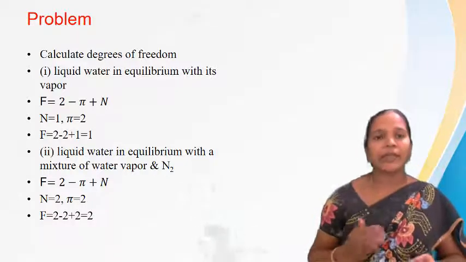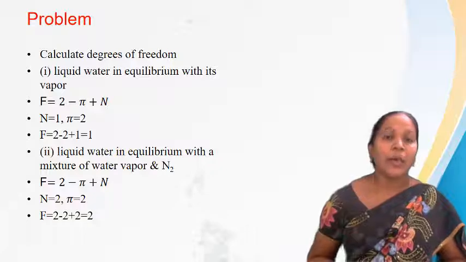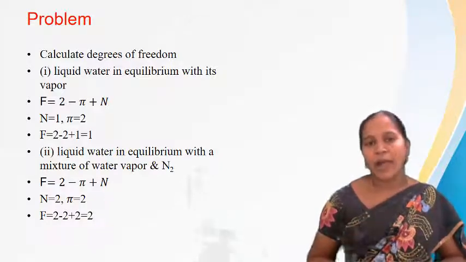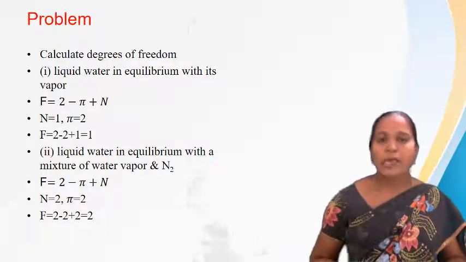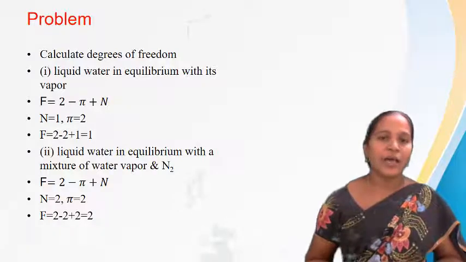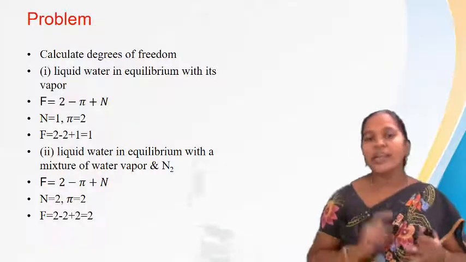Coming to the second part. Here, liquid water is in equilibrium with a mixture of water vapor and nitrogen. The number of components is 2, that is water and nitrogen.